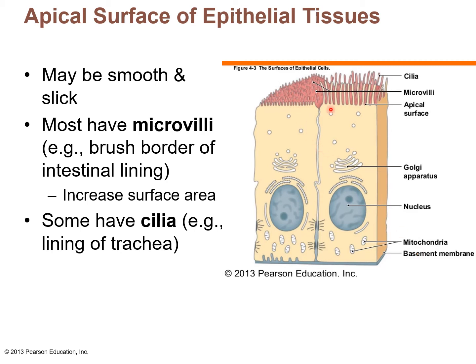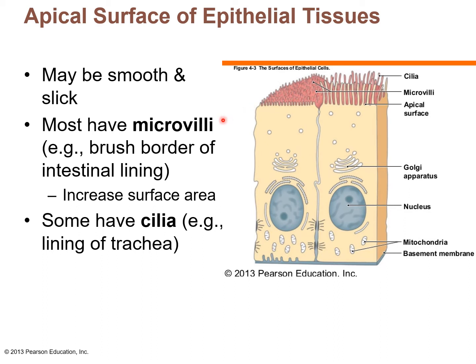Now, the apical surface could either be smooth and slick, or it could have some features attached to it, such as microvilli and cilia. Right here, this brush border that you see, it's a bunch of microvilli.